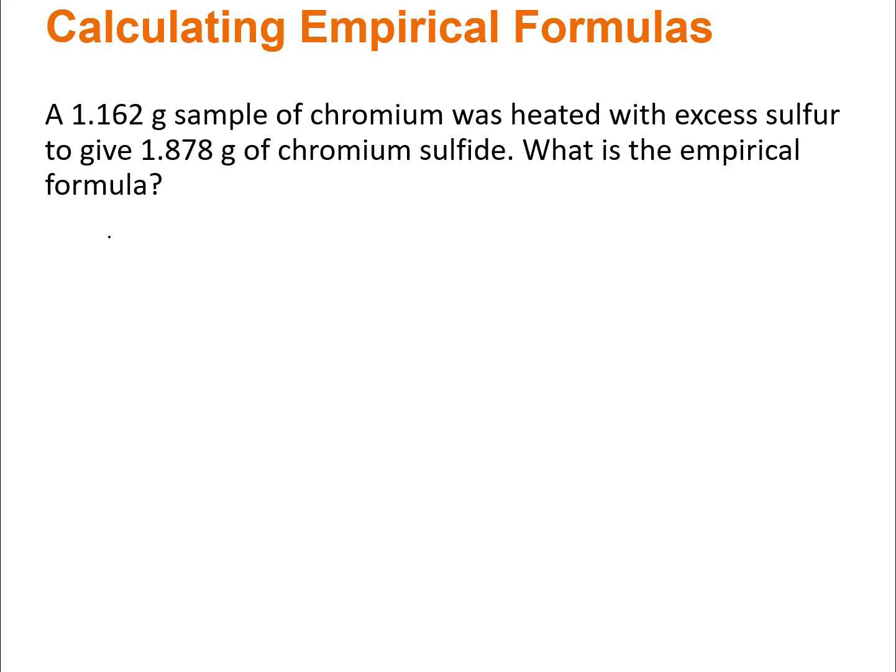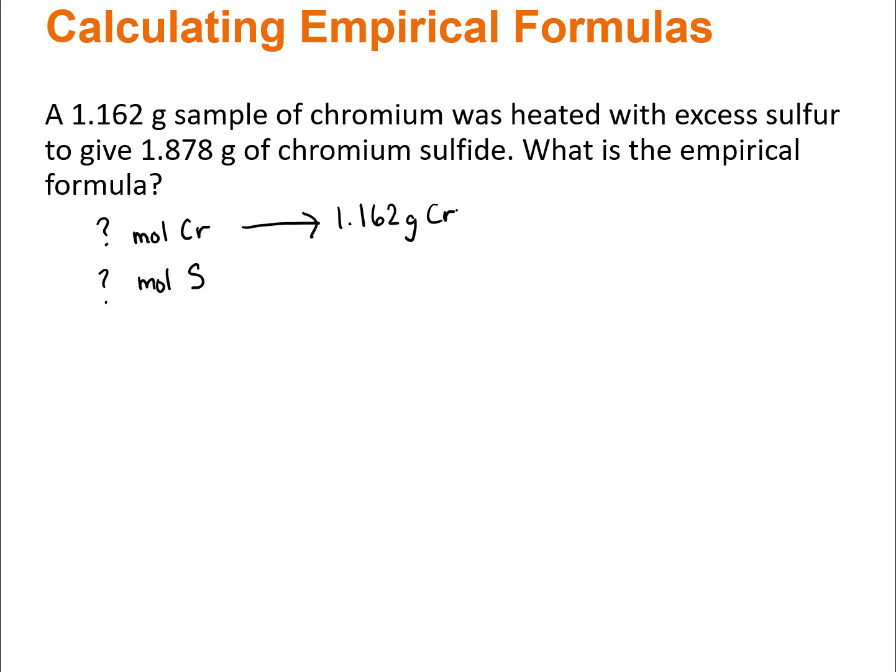What we're going to do here is figure out the number of moles of chromium and the number of moles of sulfur in this compound. And we'll compare them and figure out a ratio. To figure out the moles, we have to know how many grams of each. We're already given, for the chromium, that we've got 1.162 grams of chromium.